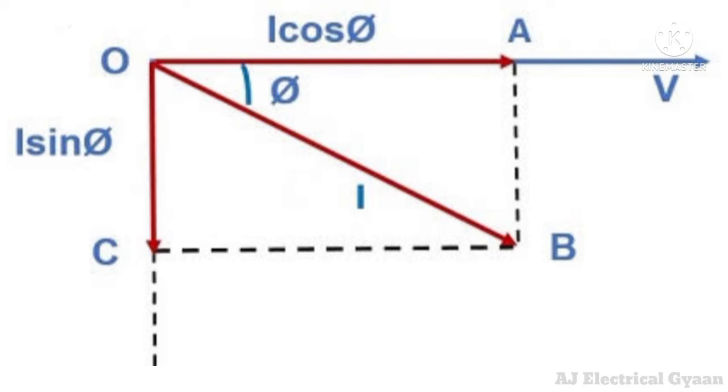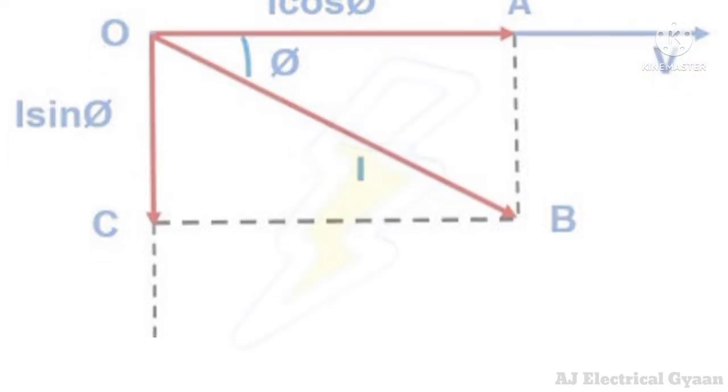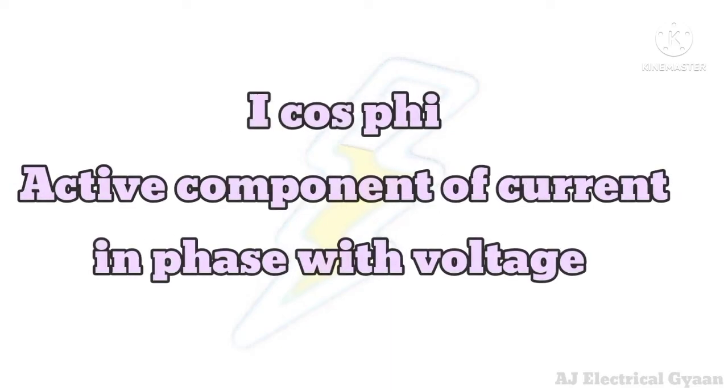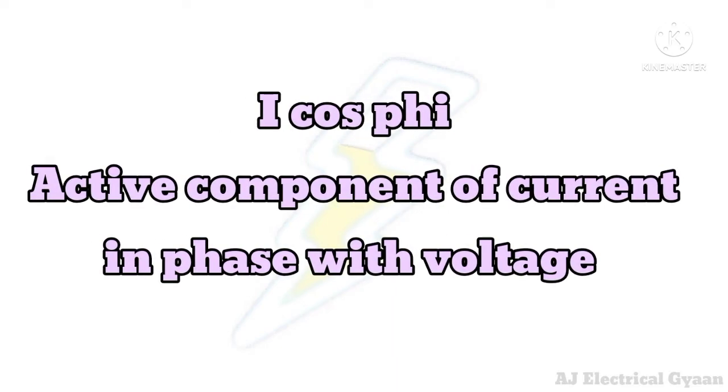Current I has two components, I cos phi and I sin phi. I cos phi is the active component of current, which is used by the load to perform useful work. It is in phase with voltage.